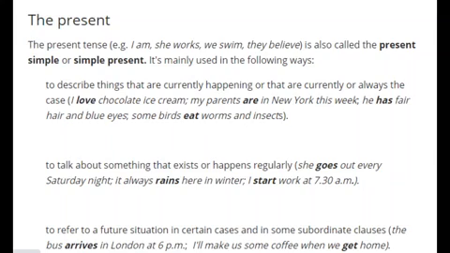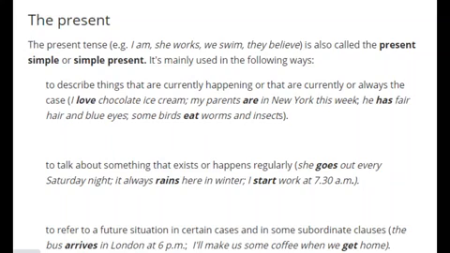He has fair hair and blue eyes. Some birds eat worms and insects. All these are present tense because in all these sentences you can see the bold words: love, are, has, eat. All these express the present tense.